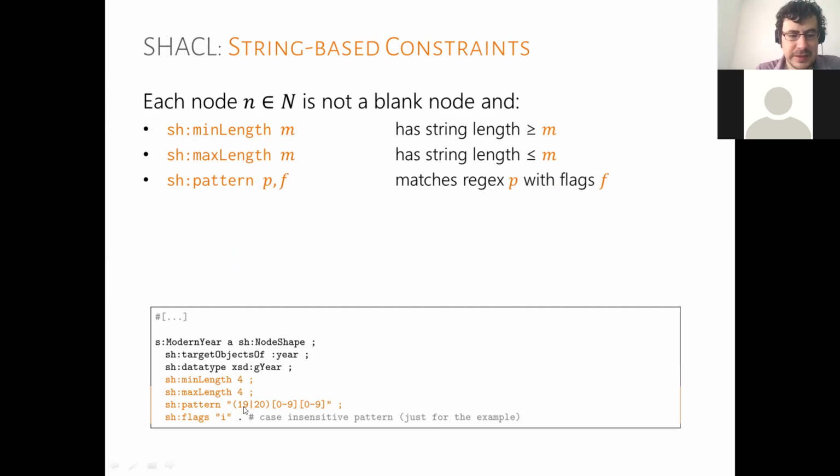And the pattern must satisfy that it starts with either 19 or 20, and then two numbers follow. Then we specify that the regular expression is case insensitive, which actually makes absolutely no difference here, but it's just shown for the example. This is to validate the strings that we use for the years.